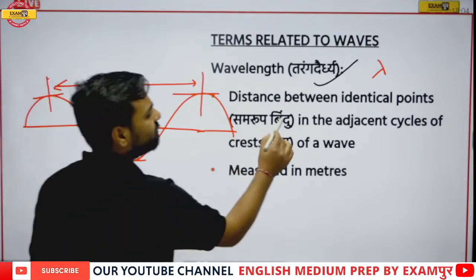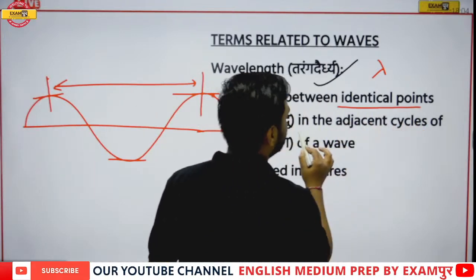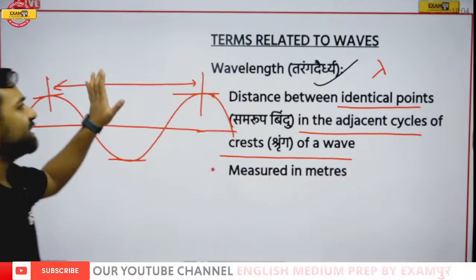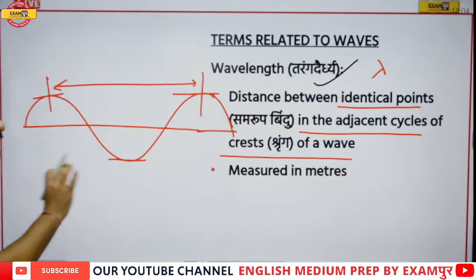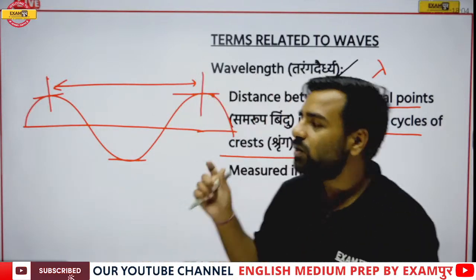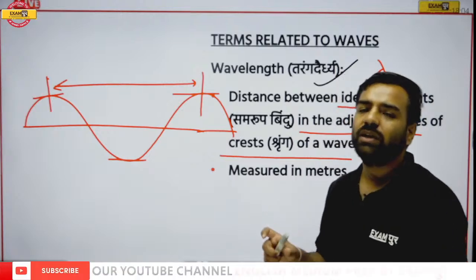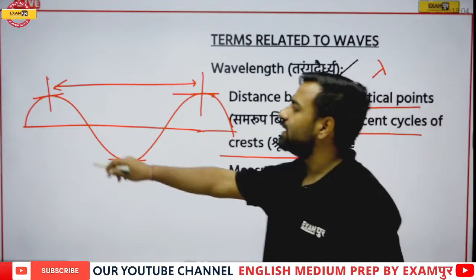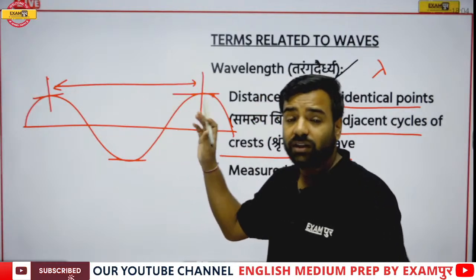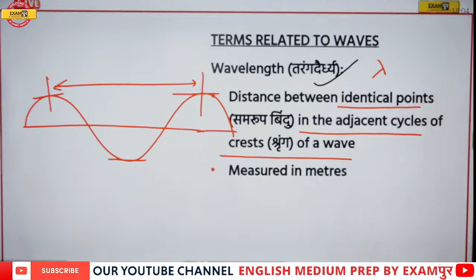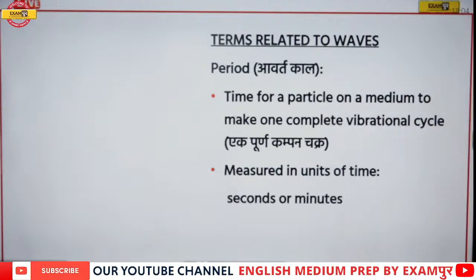So the distance between two identical points in adjacent cycles of a wave is a wavelength. Since they have mentioned meters over here, we can use angstrom also, fine, because angstrom is a smaller unit in comparison to meters. So again I will say this is the distance between two crests.